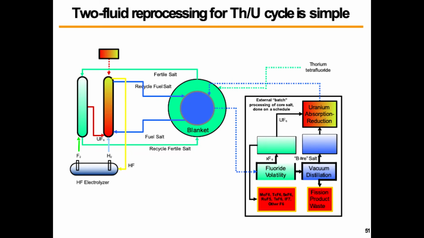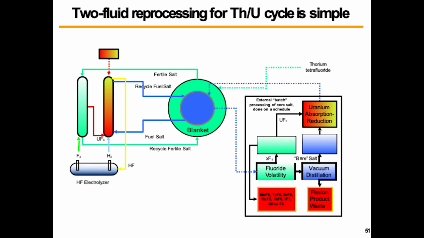And the trick is that if you basically bubble fluorine gas through the blanket, then thorium only has valency 4, so it stays in tetrafluoride form, it stays in the salt, whereas uranium can jump from tetrafluoride to hexafluoride gas, and this way you can easily separate the uranium fuel from the blanket by this fluoride volatility process, bubbling UF6.